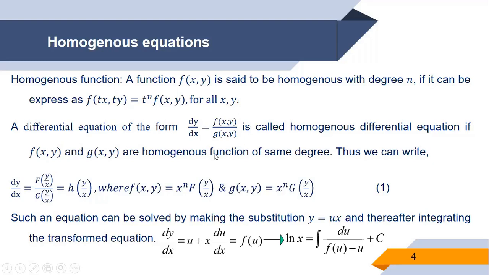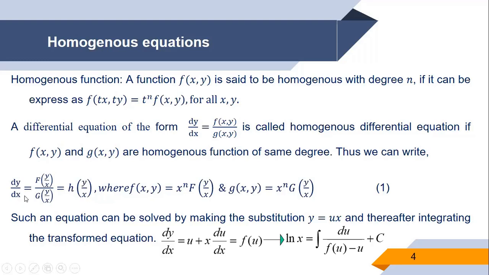So again, the equation form is dy by dx is equal to f of x comma y upon g of x comma y, where f of x comma y and g of x comma y are homogeneous functions of the same degree. Now thus we can write dy by dx is equal to capital F of y by x upon capital G of y by x, which is equal to h of y by x.